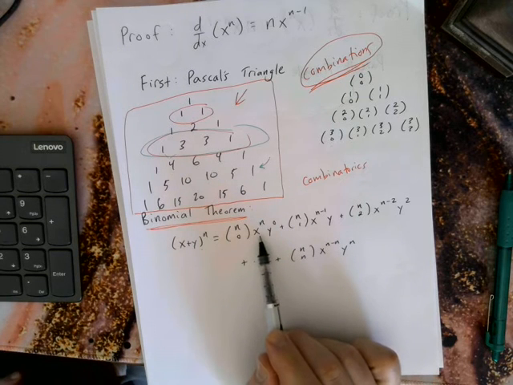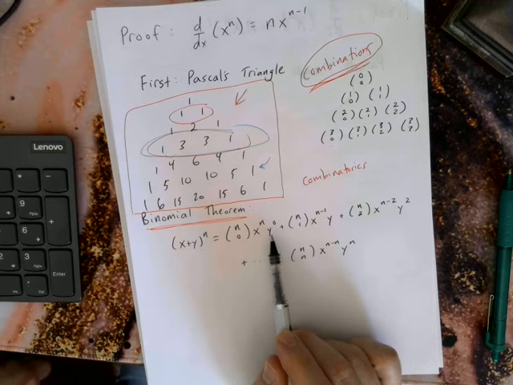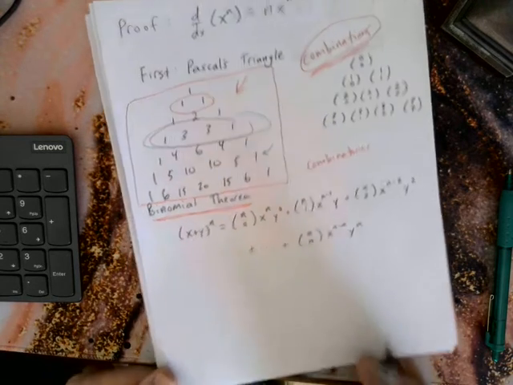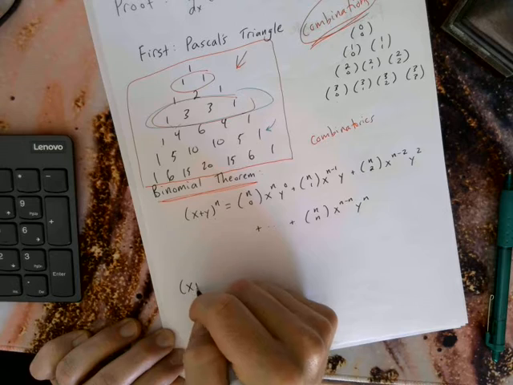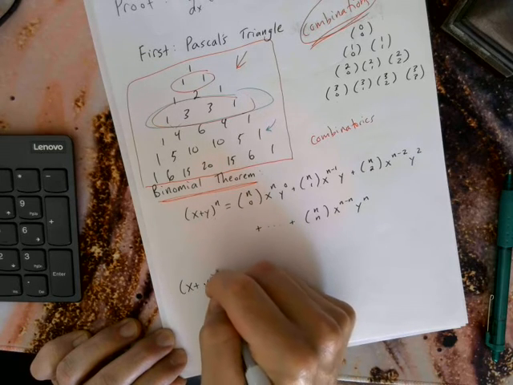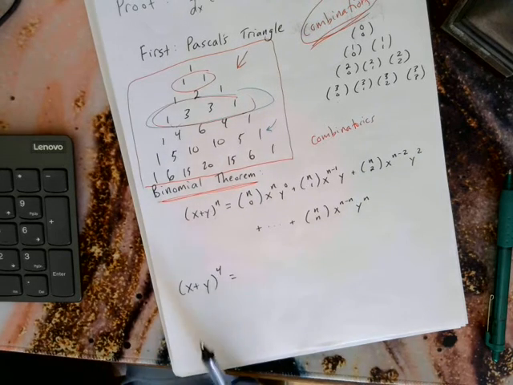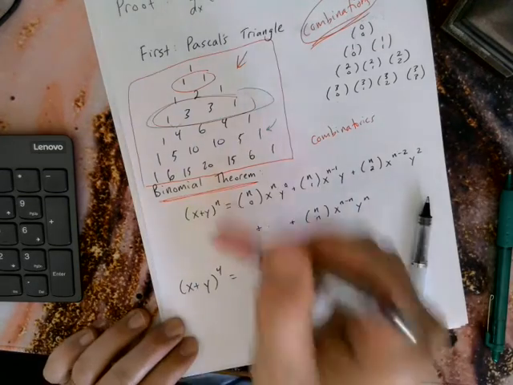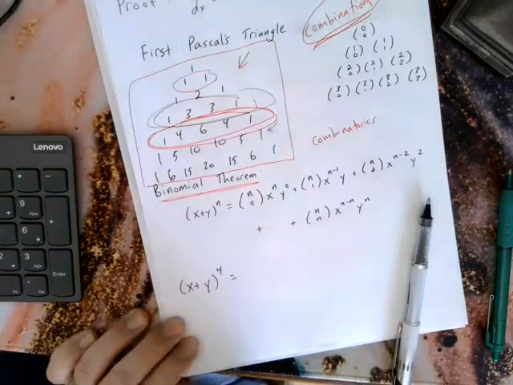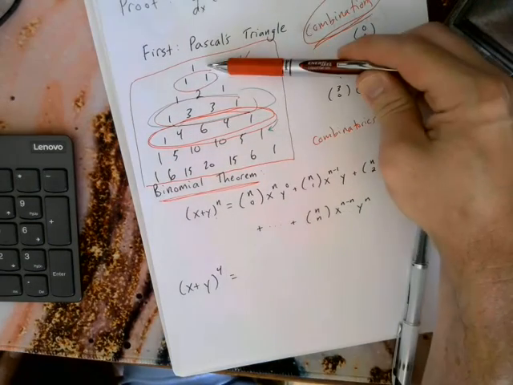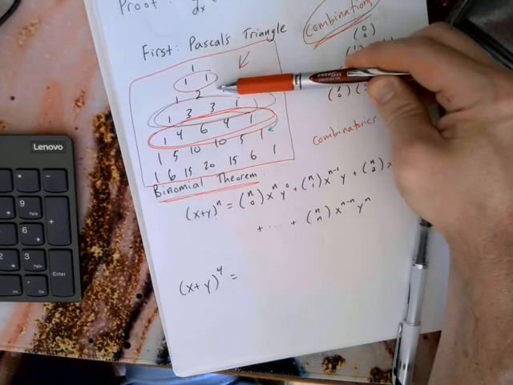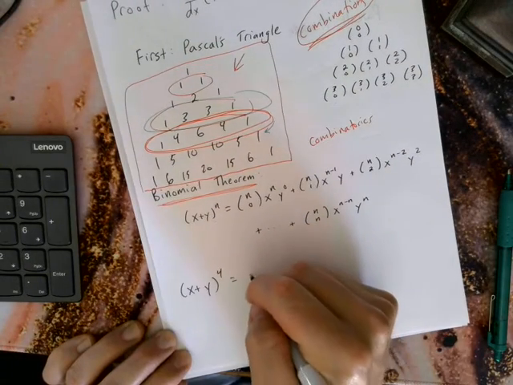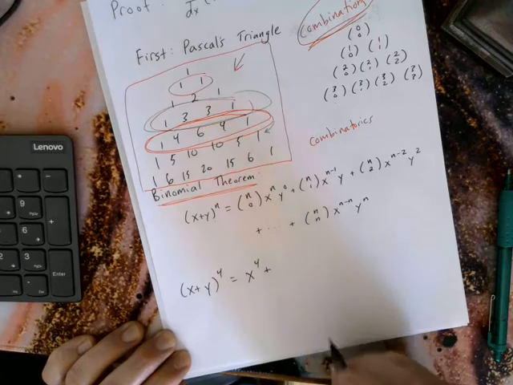as the power of x goes down, the power of y goes up. Let me just give you an example, because it'll be easy to see when I do it. Let's do x plus y to the 4th power. That would be tough to do by hand, having to multiply it all out, but that just uses the 4th row of Pascal's triangle. This is the 0th row, 1st row, 2nd row, 3rd row, 4th row. And so the first coefficient is 1, x to the 4th, y to the 0th.